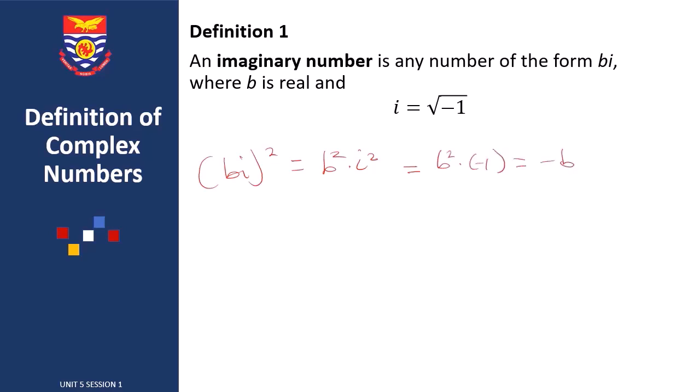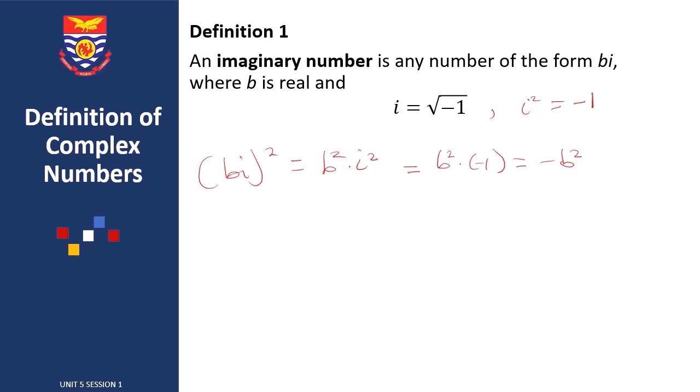Minus b squared, because from here where i equals the square root of -1, when I square both sides, I get i squared equals -1. So take note of this, very important. i squared equals -1, because throughout this course you'll be using this one.